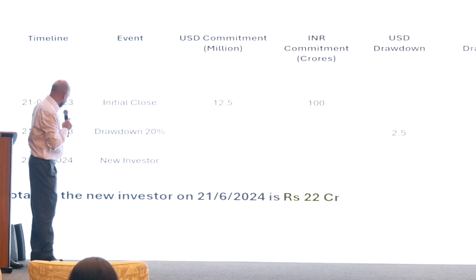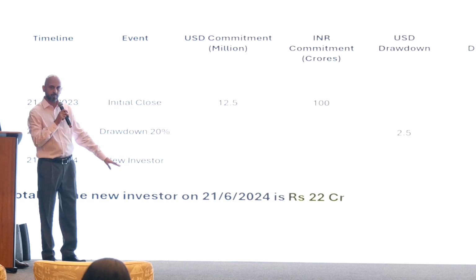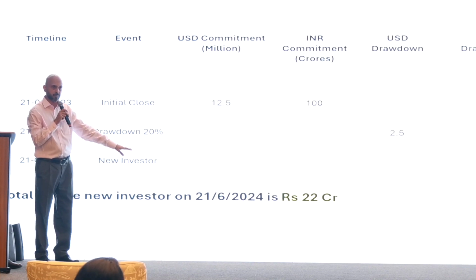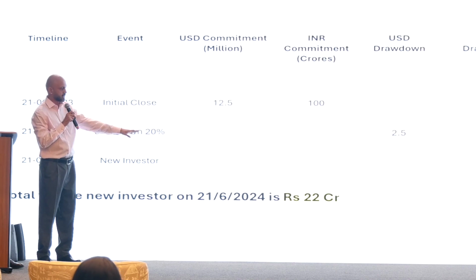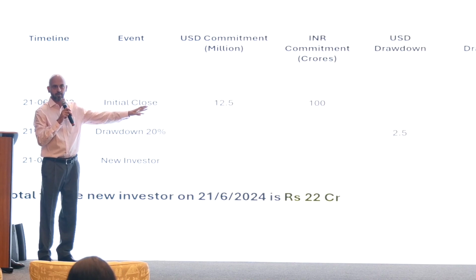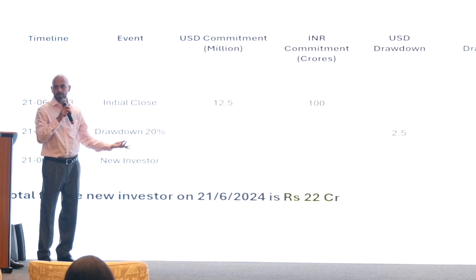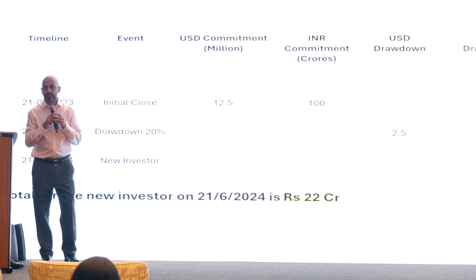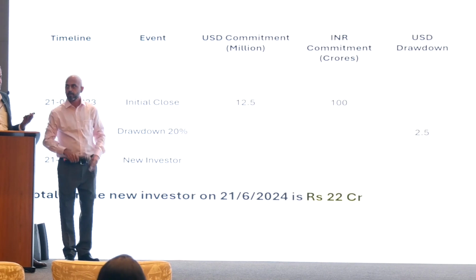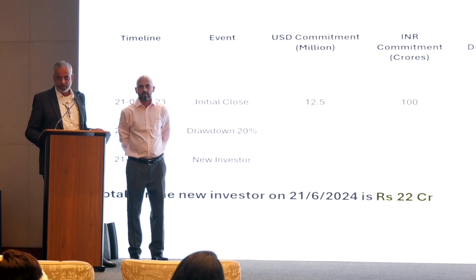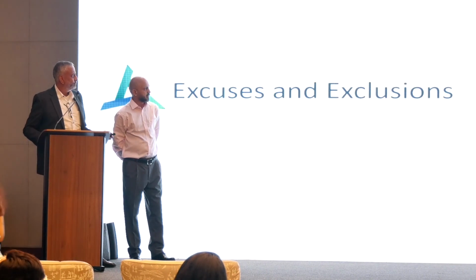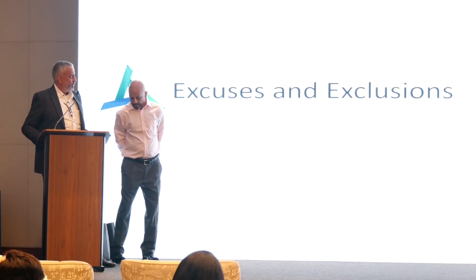So the total money that the new investor has to pay up on day one for a commitment of 100 crores comes to 22 crores. That's 20 plus 2, 22, and the 2 crores goes back to your existing investors. The 2 crores has no impact on the fund.